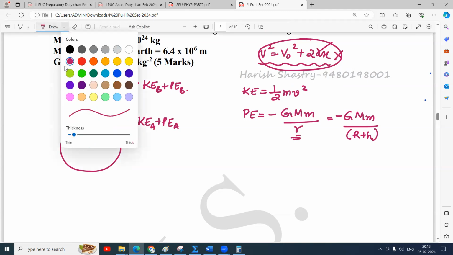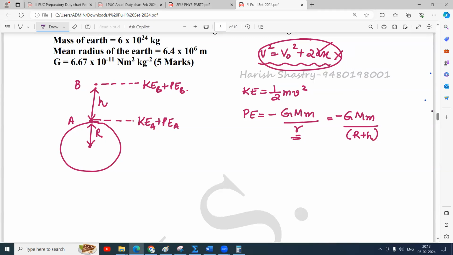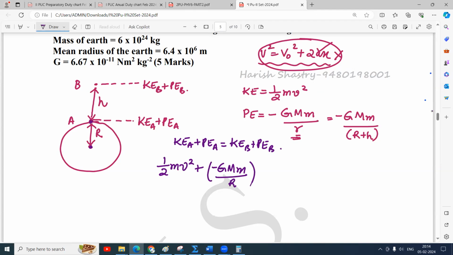Okay, we will start solving the problem. We'll write the formula first. The total energy at both the points must be same. So kinetic energy at A plus potential energy at A must be equal to kinetic energy at B plus potential energy at B. So half m v square plus potential energy at A, minus G mass of the planet, mass of the object, divided by, when you are at A, the distance from the center is only r, h is 0, is equal to kinetic energy at B, which is 0, because we have to see the highest height traveled by the particle.